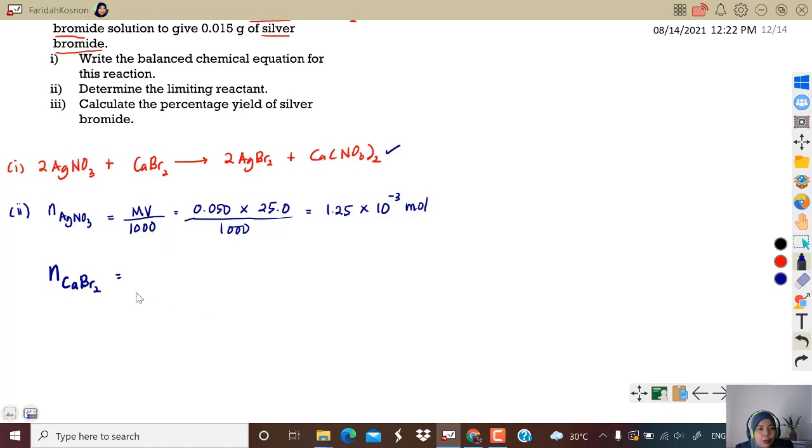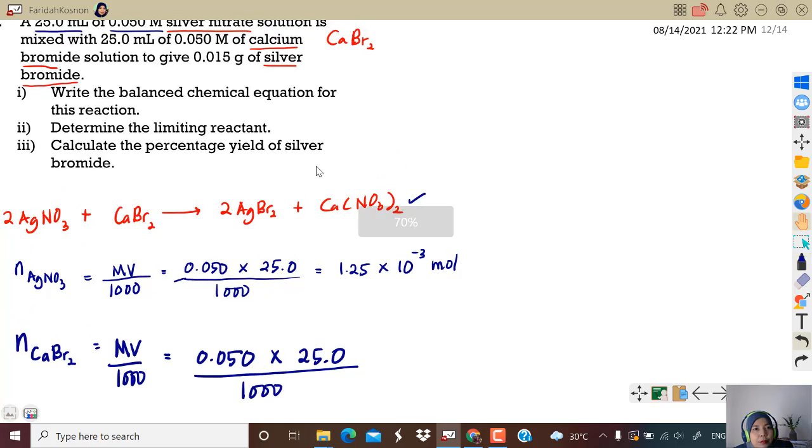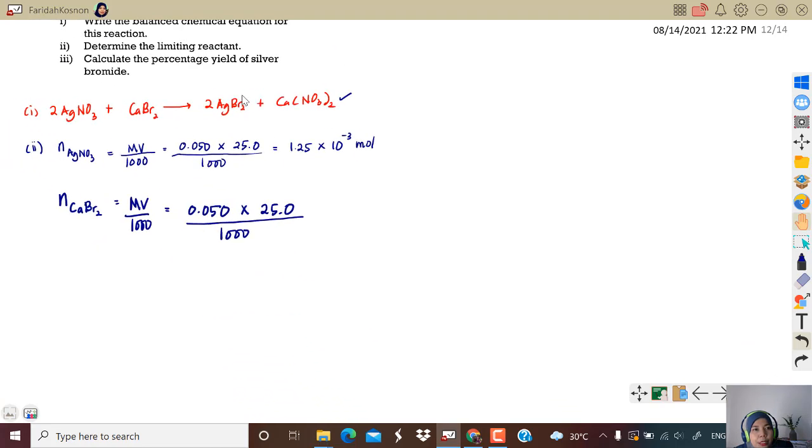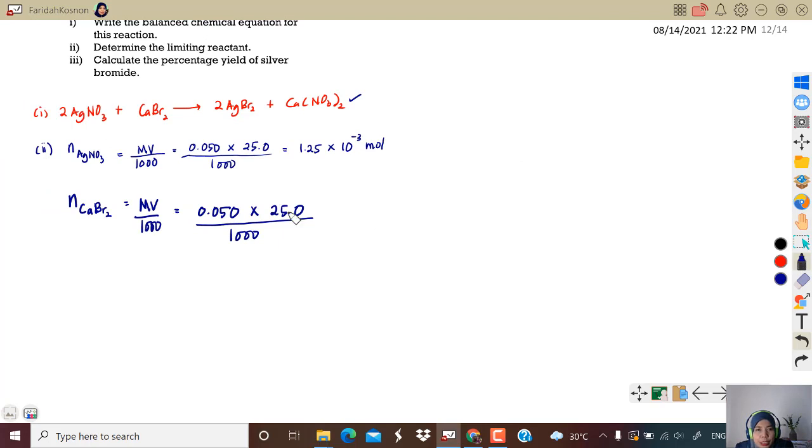By using the same method, MV per 1000, you put in the molarity, 0.05, times the volume, also 25.0 milliliter divided by 1000. Let me check, in case I'm wrong. Same. So you get 1.25 times 10 to the power of negative 3 mole.